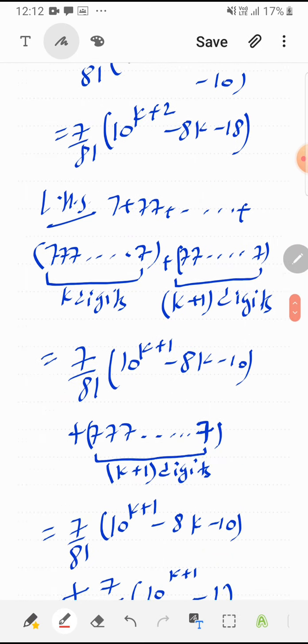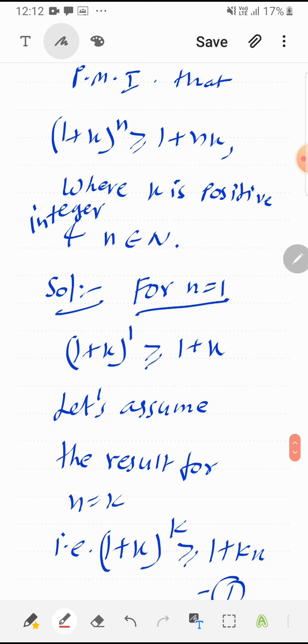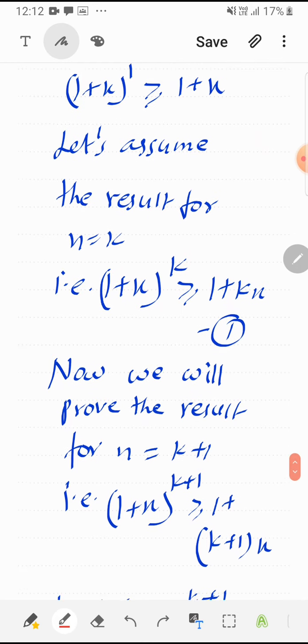Now, for n is equal to 1, this is true. Now for n is equal to k, we have assumed the result, 1 plus x whole raised to the power k is greater than or equal to 1 plus kx. Let this be inequality number 1.